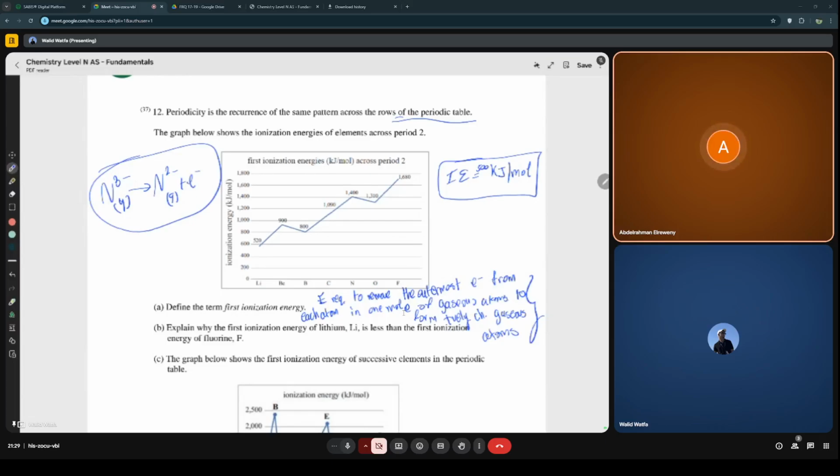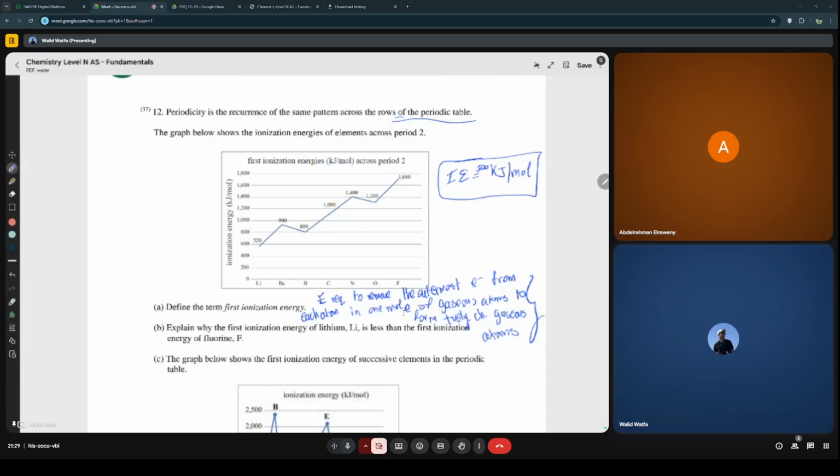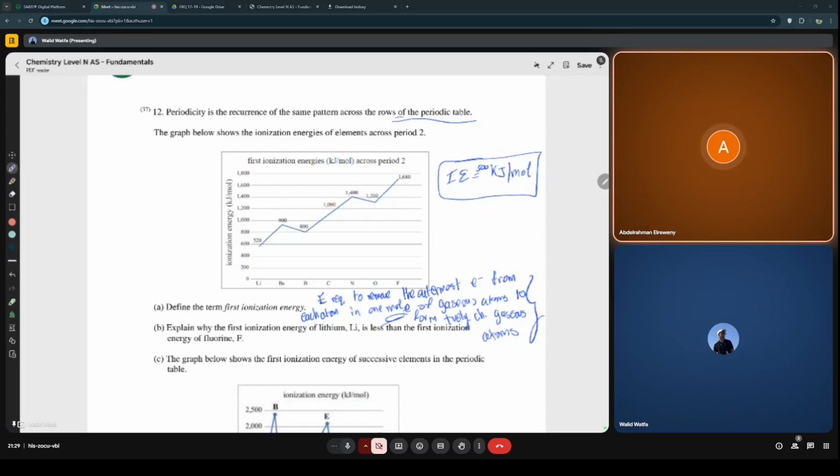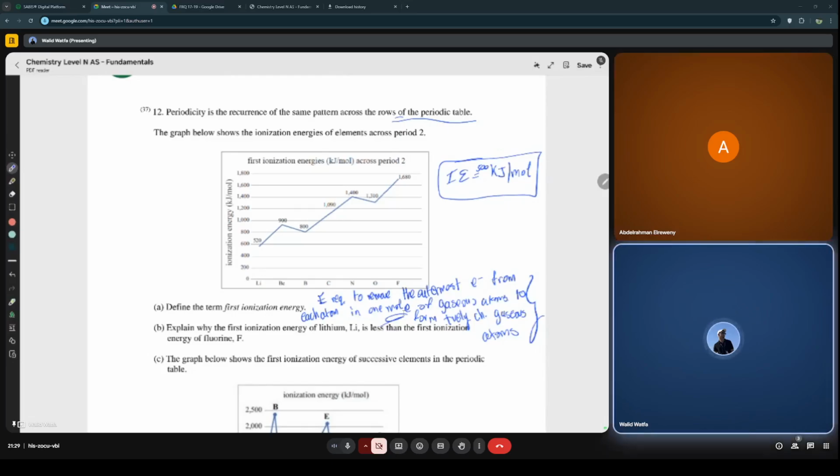They said first, not the definition of ionization energy. So shouldn't we say we're not allowed to say each atom? Yeah, each atom in 1 mole. But they said first ionization, not the definition of ionization itself. Okay, so what should it be? From 1 atom, are you saying?